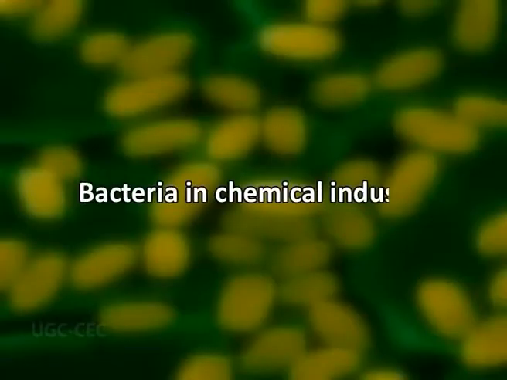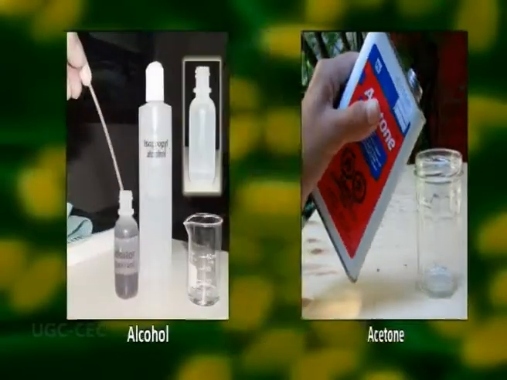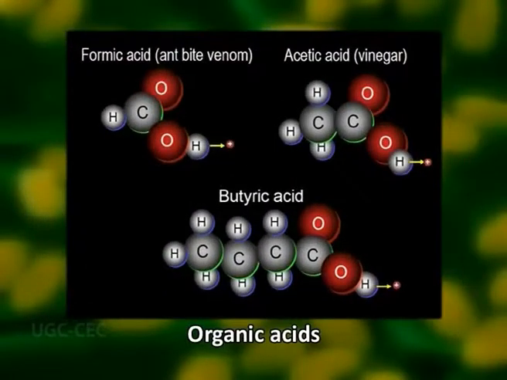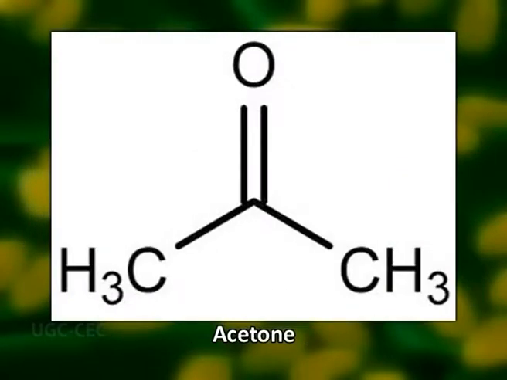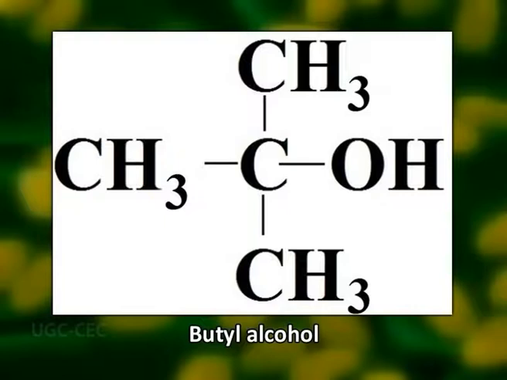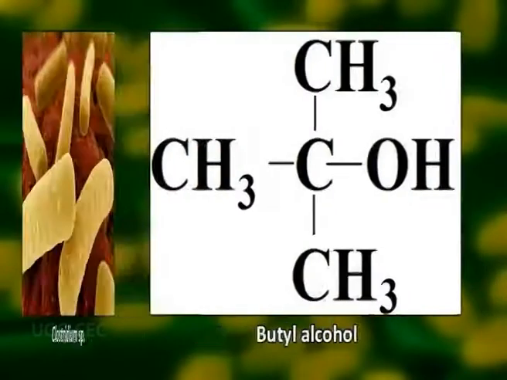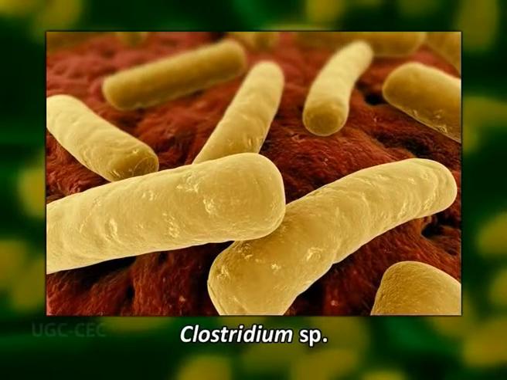Bacteria also have a role in chemical industry. Bacteria are used for the commercial synthesis of acetone, alcohol, organic acids and vitamins. Solvents such as acetone and butyl alcohol are formed by some species of Clostridium.